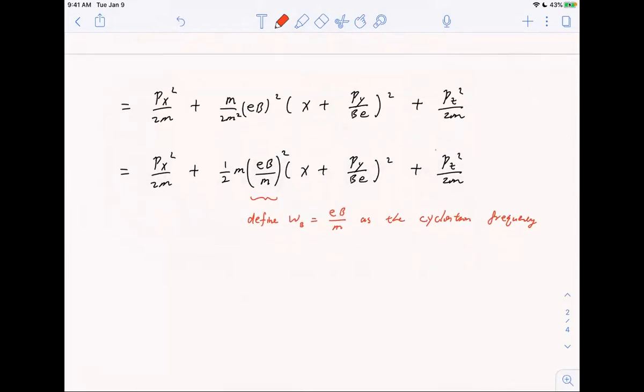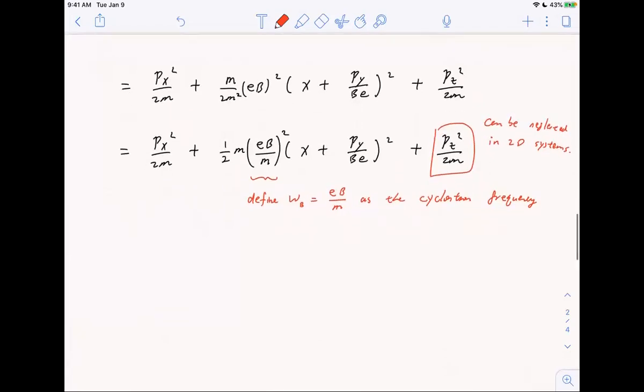This one can be neglected in a 2D system. Even in 3D, this term represents the free motion in the z direction, so it's not very relevant in our comparison here. Even in 3D, you just add the plane wave in the z direction, then you take care of this term.